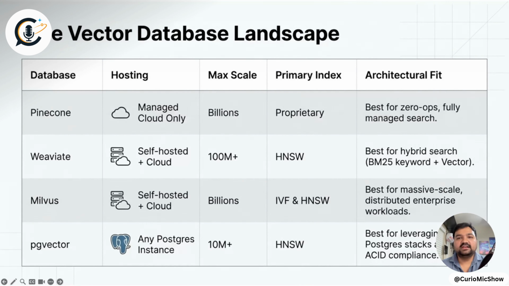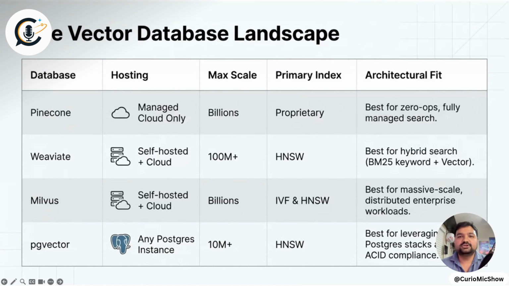Milvus is designed for massive scale and distributed enterprise workloads, and pgvector is interesting because it brings vector search into Postgres, and that matters because many teams already use Postgres. If your application has medium scale RAG requirements, pgvector lets you keep relational data and vector data together.